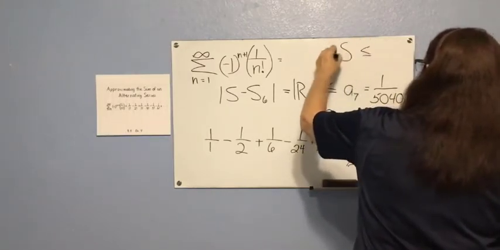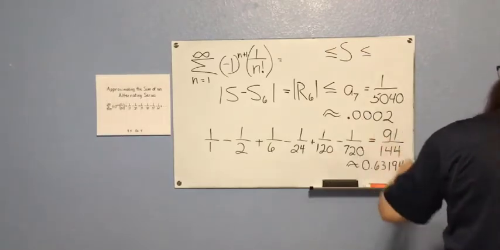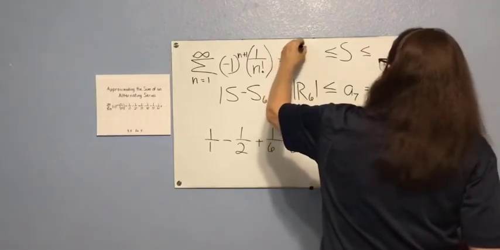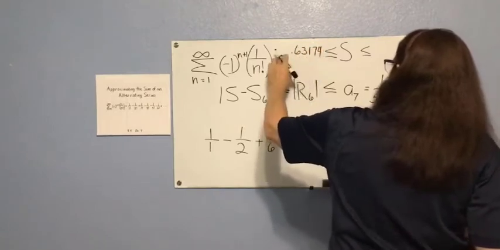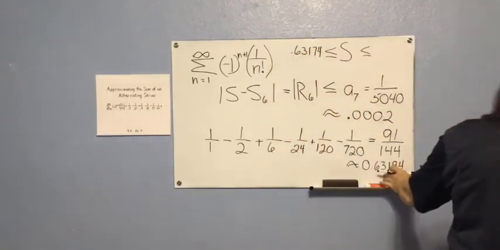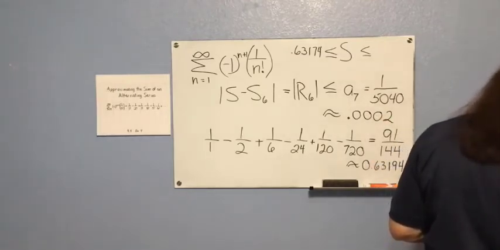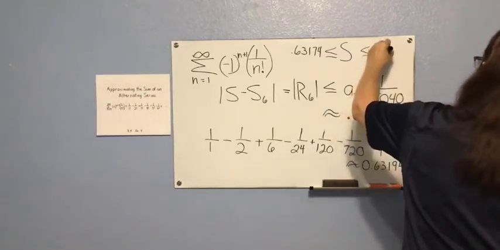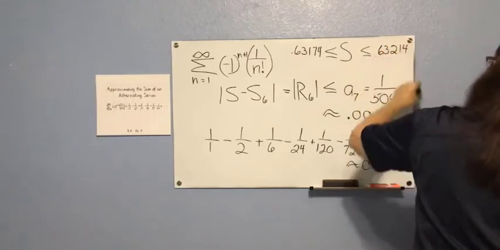So the sum S is in between this 0.63194 minus 0.0002, so 0.63174. And then I have to take this number and add the 0.0002, which is 0.63214.